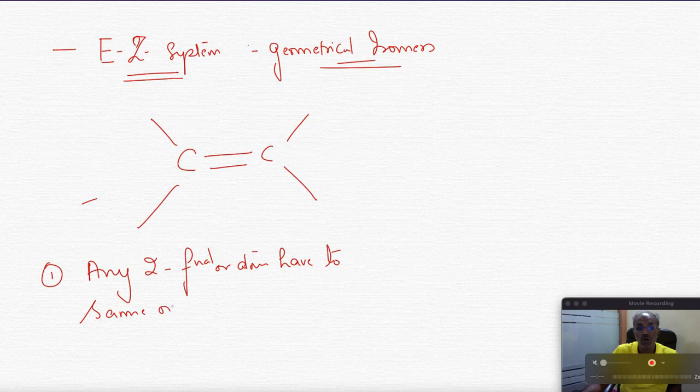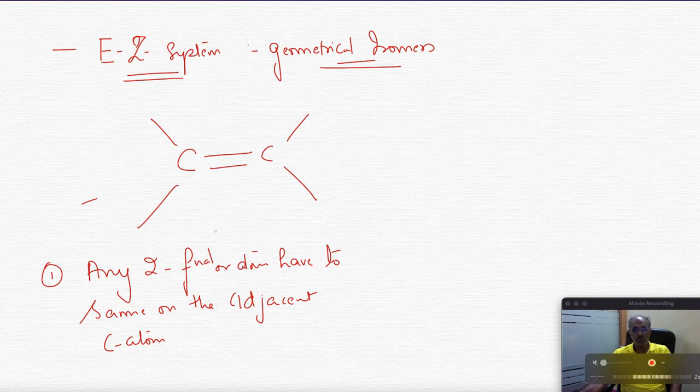Not on the same carbon atom, on the adjacent carbon atoms. That means the neighboring carbon atoms, you can say vinylic carbon atoms. I have told you what you mean by vinylic: neighbors on these vinylic carbon atoms.